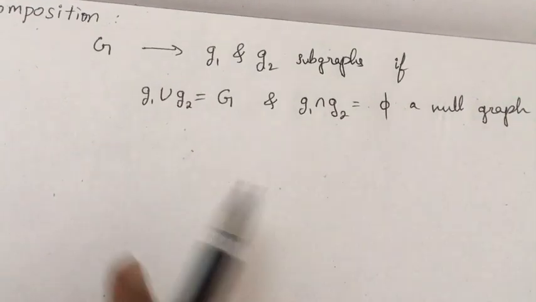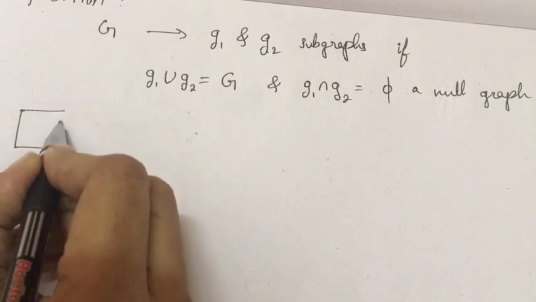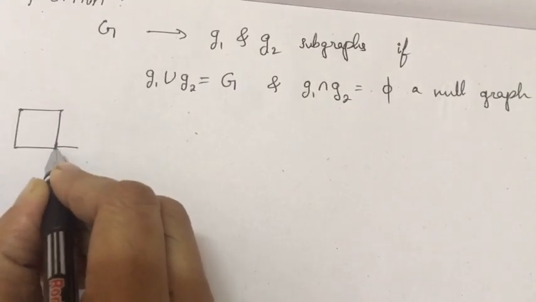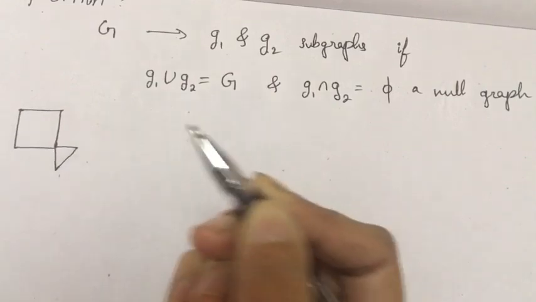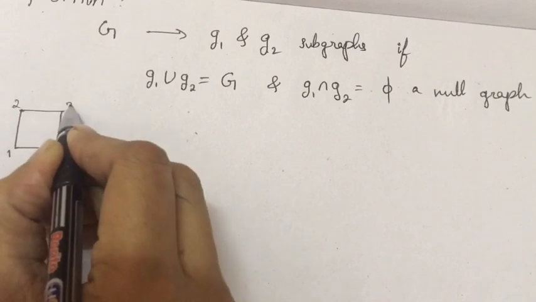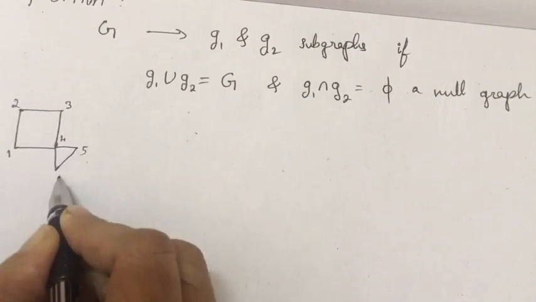Suppose I have a graph, say like this. Okay, vertices 1, 2, 3, 4, 5, 6.